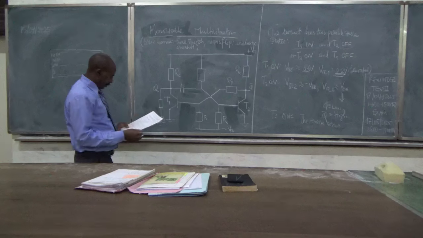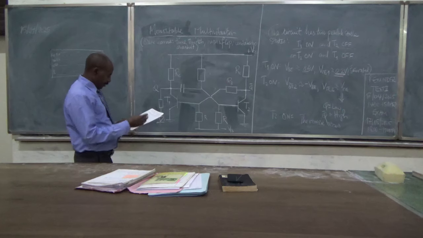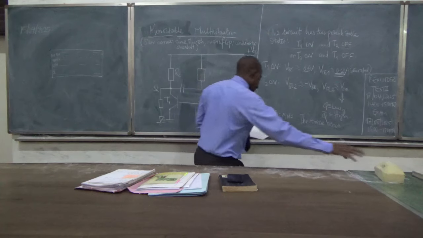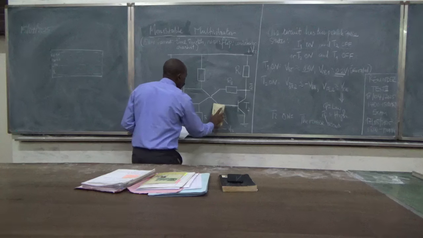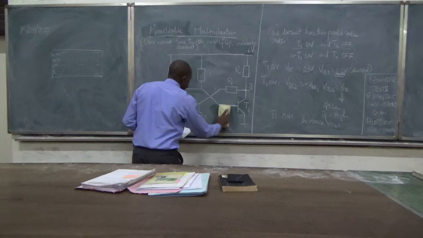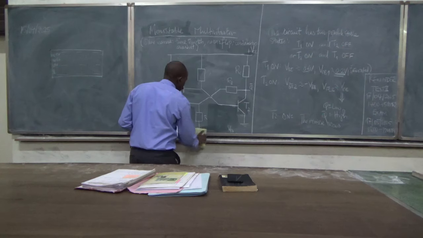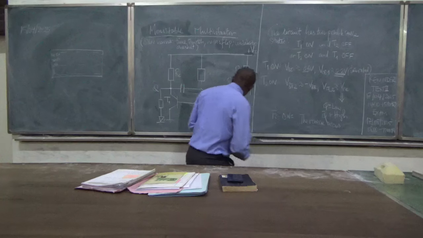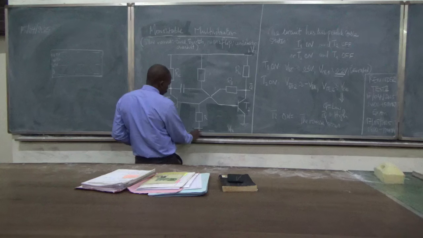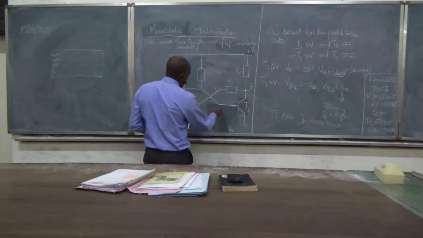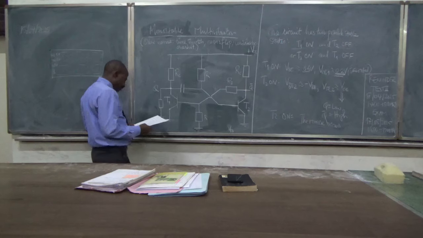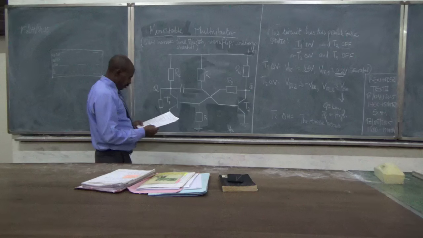So R, R, and we remove one of these. This R is the one which will take this one up here. And then we shall ground this one. So this is the R which was here. The rest remains the same.